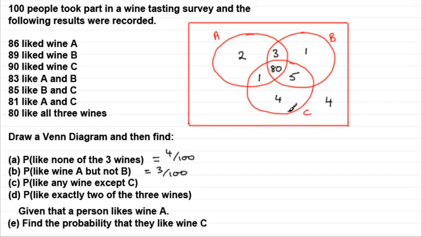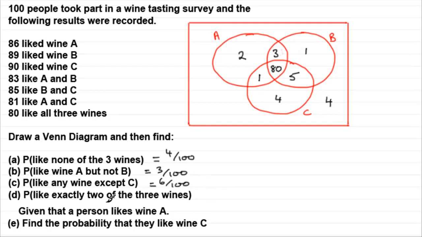Well, these people in here like wine C, so we're looking for people who like a wine but not wine C. So it's got to be these 2 people who like just A, these 3 people that like A and B but not C, and this one person who likes wine B but not C. So we've got a total of 2, 3 and 1. 6 in other words, out of 100. So this probability is going to be 6 out of 100.